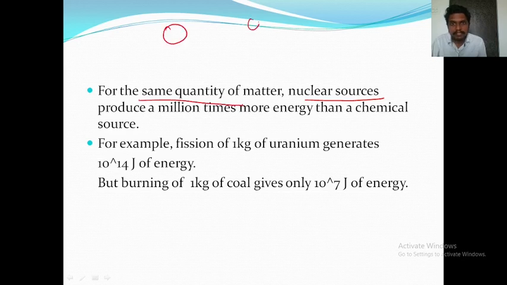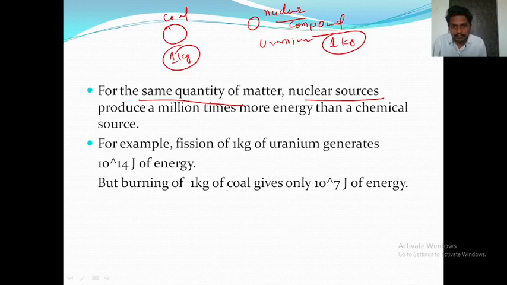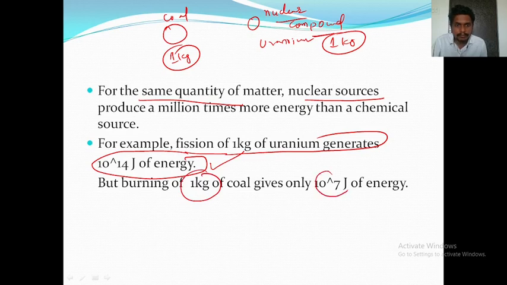For example, if you take 1 kg of uranium and 1 kg of coal, when uranium undergoes the nuclear process it produces 10 power 14 joules of energy, but burning 1 kg of coal produces just 10 power 7 joules.